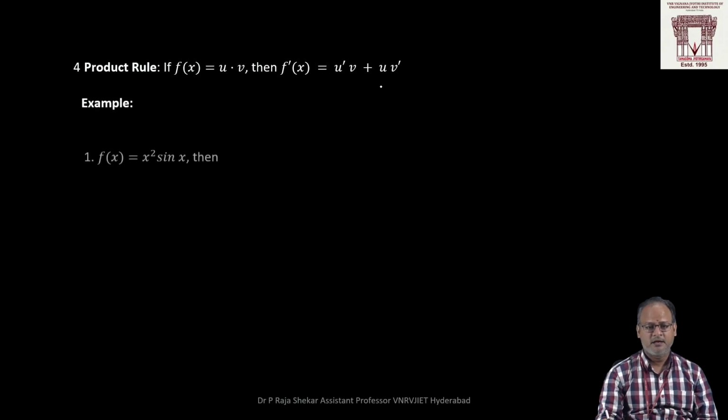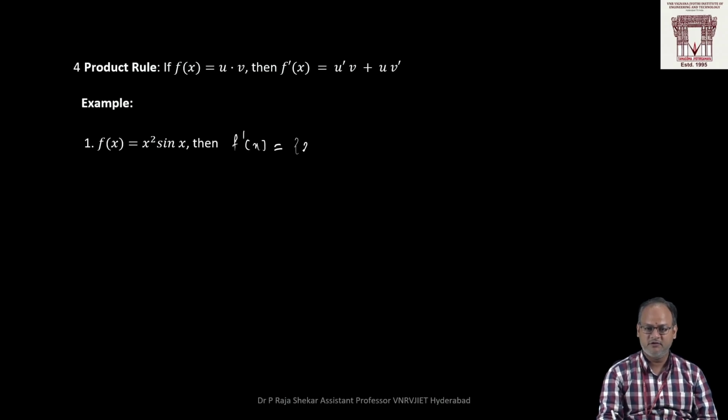However, let me consider one example where f of x is equal to x square times sin x. Then its derivative f dash of x is equal to u dash, the derivative of x square, which is 2x, v as sin x, plus u being x square as it is, and the derivative of sin x, cos x.